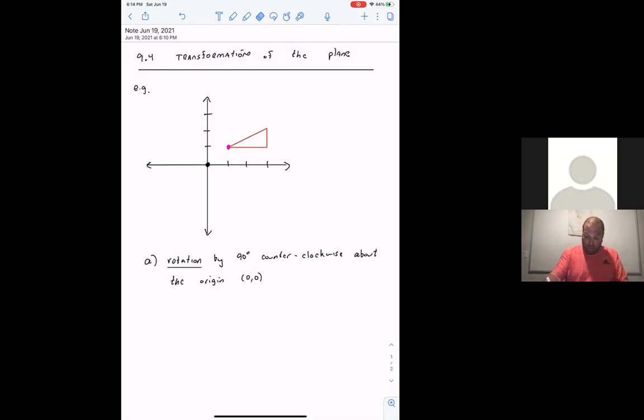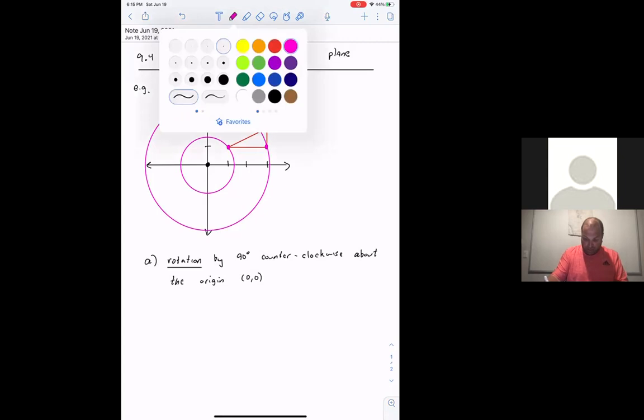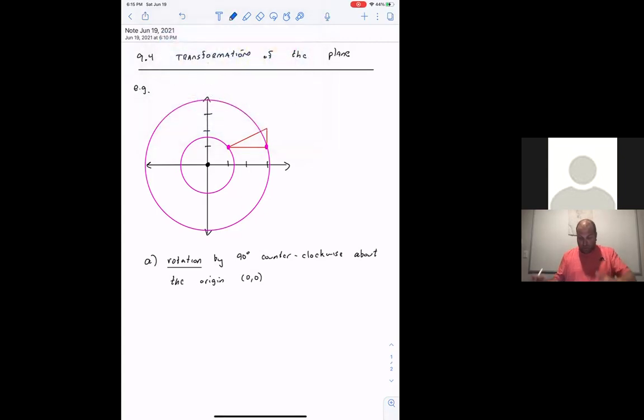But one way that you can do it, especially on the iPad, is you can imagine drawing a circle centered at the origin through various points. And when we rotate by 90 degrees, we are basically rotating these points along the edge of the circle.